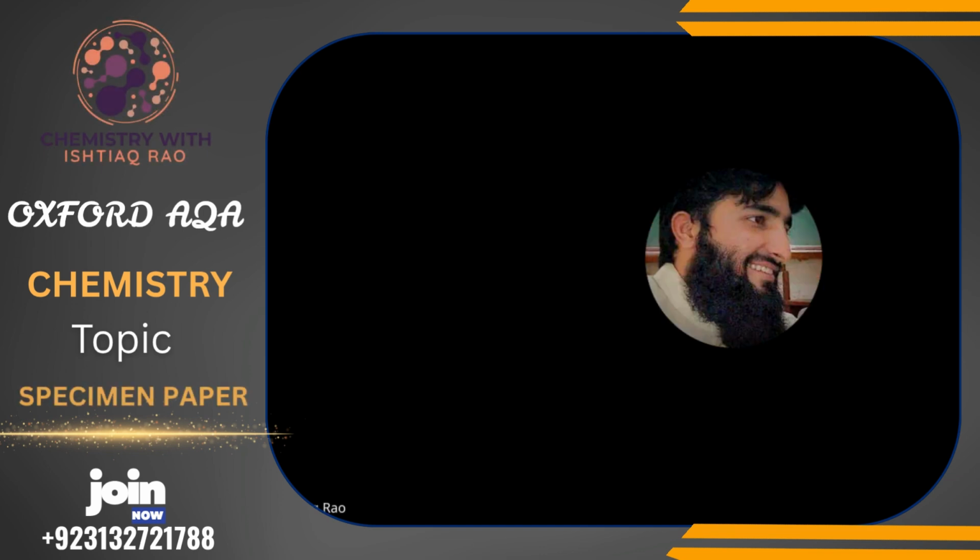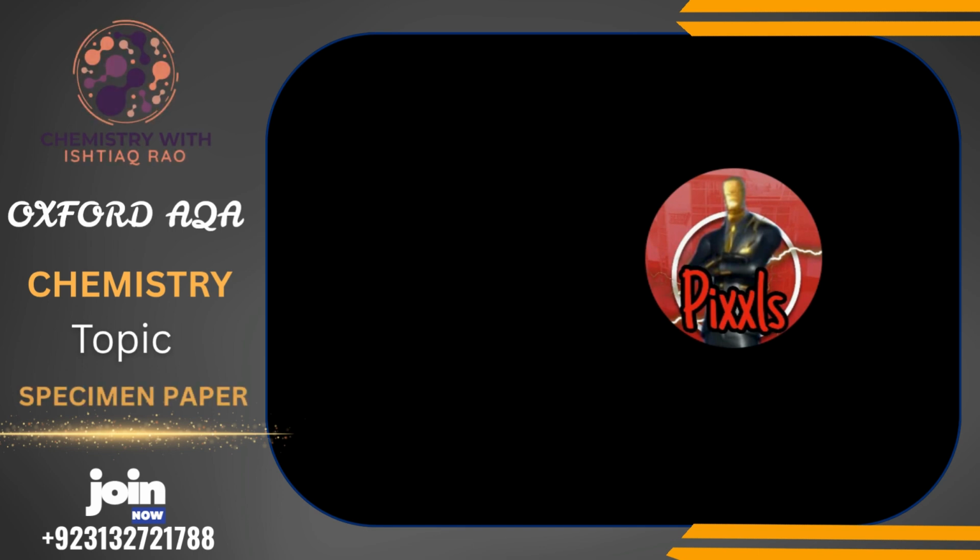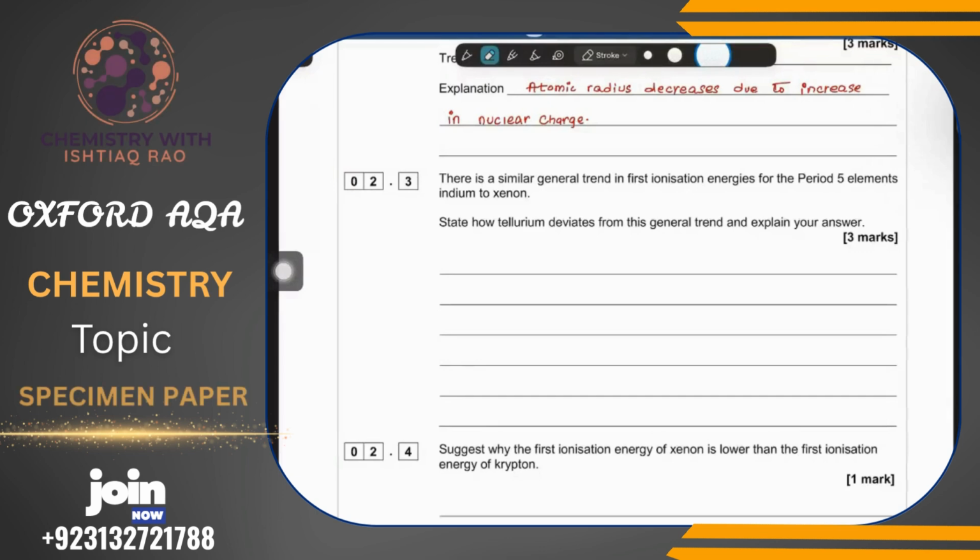Shouldn't they all be increasing from indium to tellurium, from left to right? Yeah, that's the fact that across the period atomic radius decreases, so the ionization energy increases.